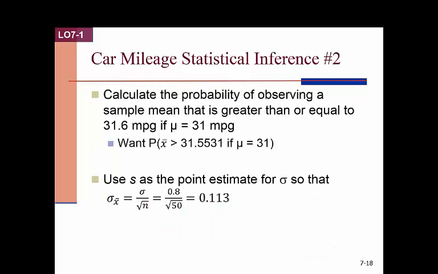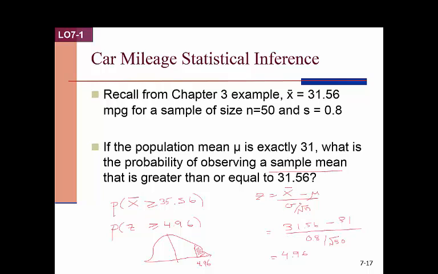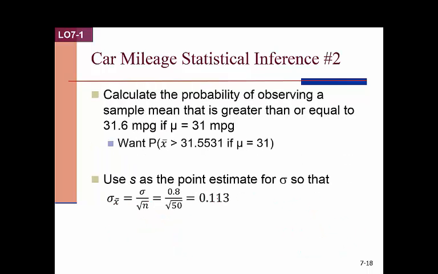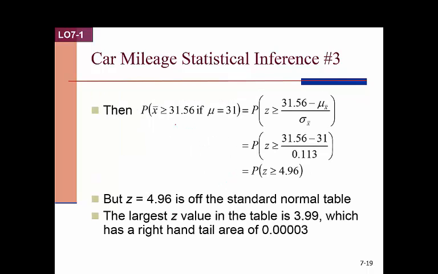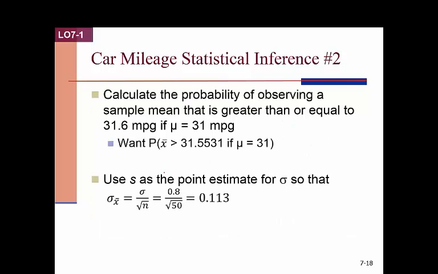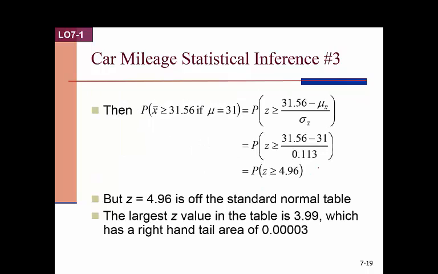Just like we did in the previous example, you have sigma over square root of n. That comes out to be 0.113 when you divide 0.8 by root of 50. And then you find your x being greater than 31.56. So you convert it to a z-value, x bar minus mu, over this whole value, which is sigma over square root of n, 0.113.